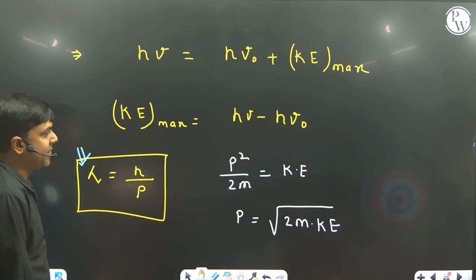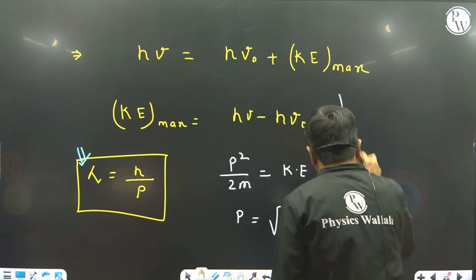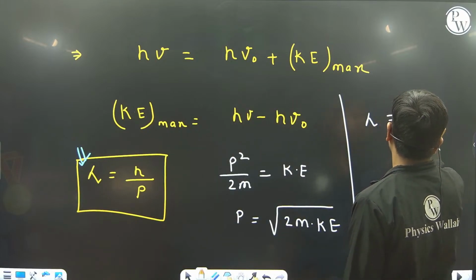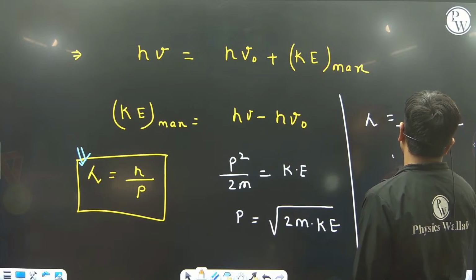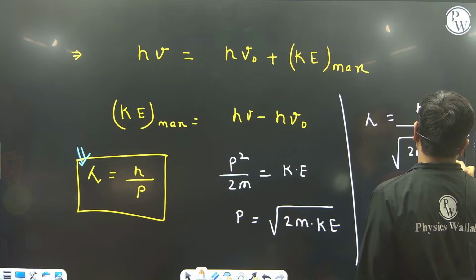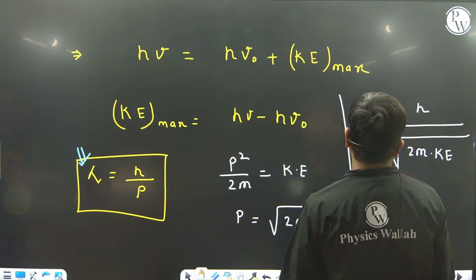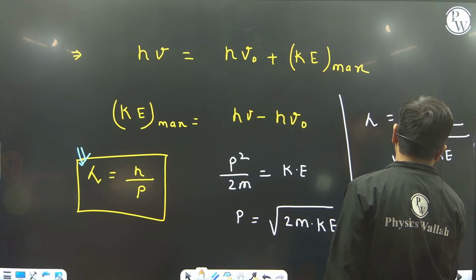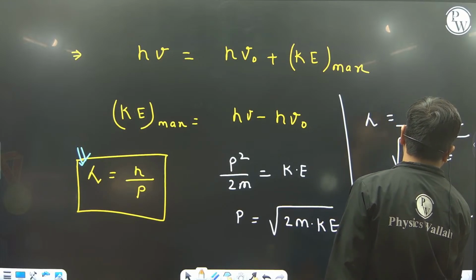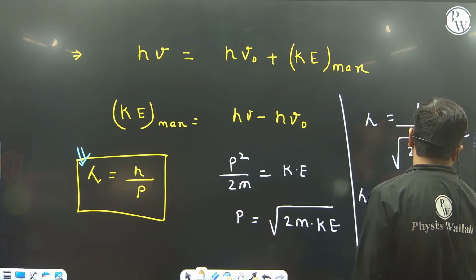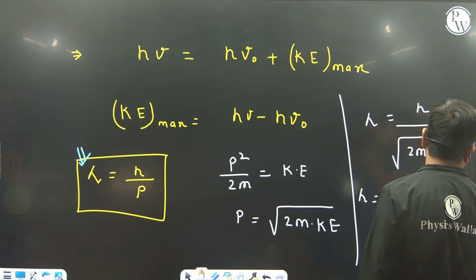Can I place it over here? Lambda equals h upon under root 2m dot K, and this K is nothing but h nu minus h nu naught. So h upon under root 2m into h common, I can take nu minus nu naught.